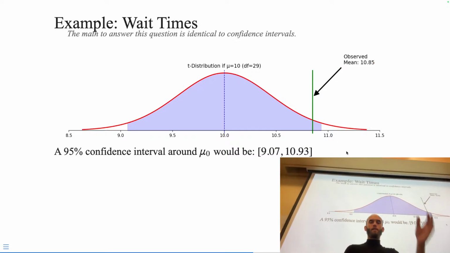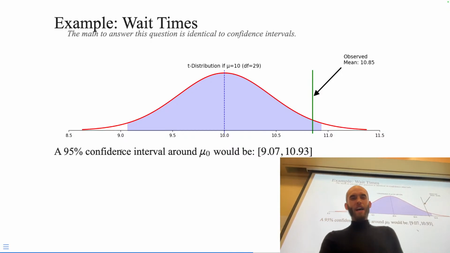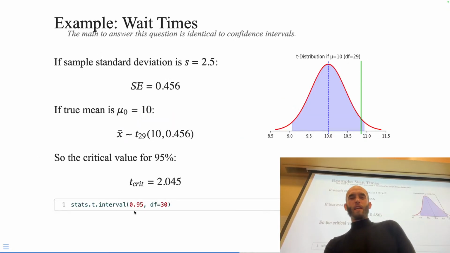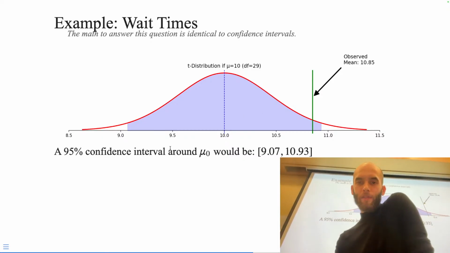Okay, so I ran this code. It's in the slides, you can use it yourself. What I did is I constructed this confidence interval around 10. So a 95% confidence interval, using what we know here, gives us this value. So here's my confidence interval.